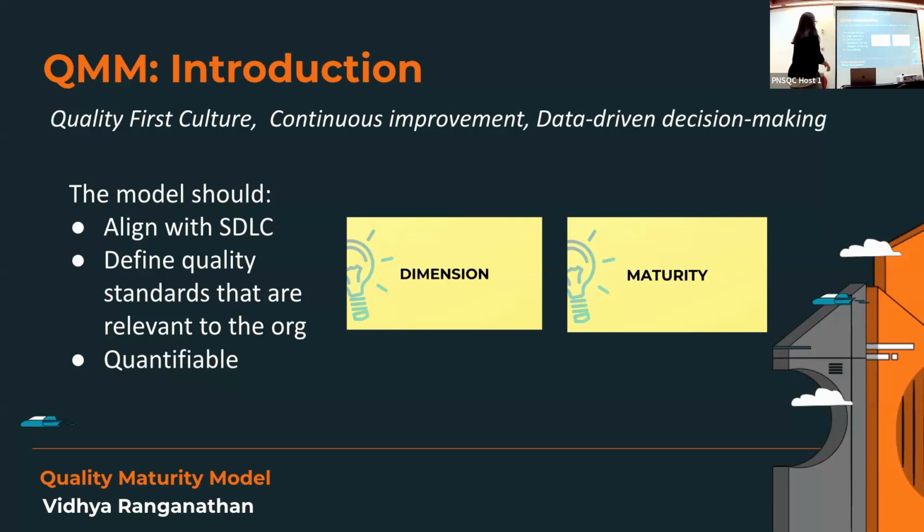And it has to be quantifiable, because we want to foster data-driven decision making. So keeping those two in mind, there are two terminologies you have to be aware of when you implement this model: one is the dimension, another one is the maturity. I'll go into the details of this, but these are the only two things you have to keep in mind.